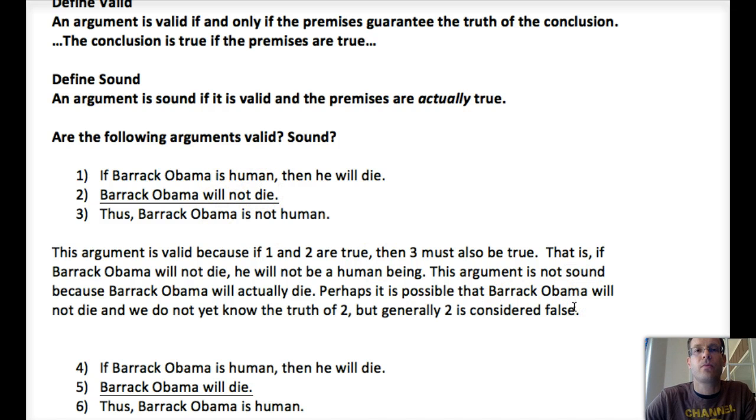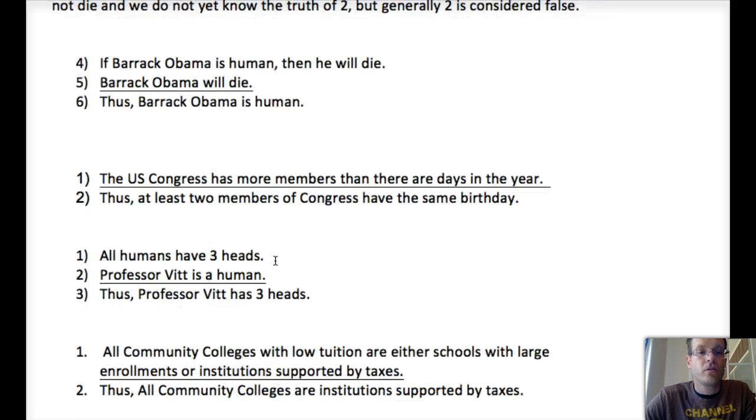I clarified that last point there. Okay, so I hope that makes sense. This argument is valid because if 1 and 2 are true, they guarantee 3 to be true. In other words, if Barack Obama really is human, and if you're human then you'll die, and it turns out he won't die, well, then it turns out he's not human.